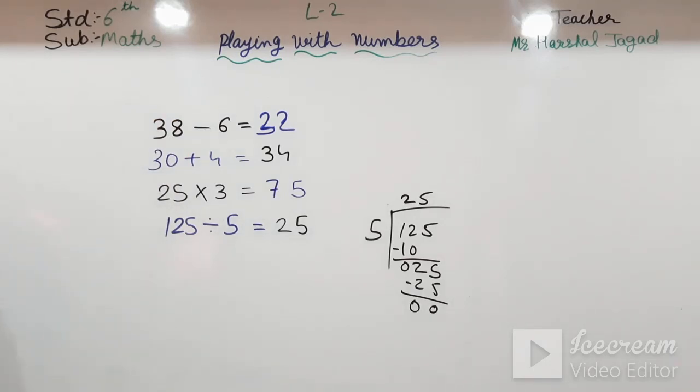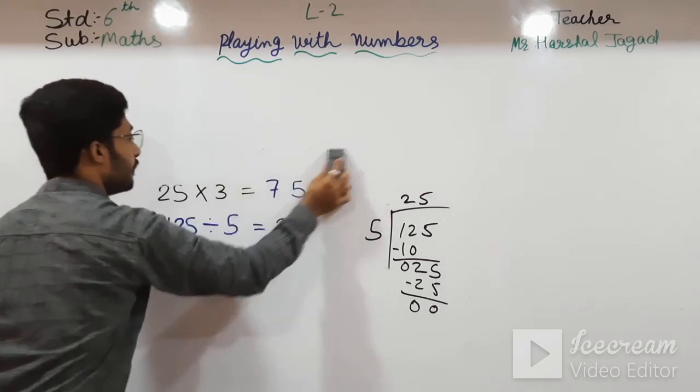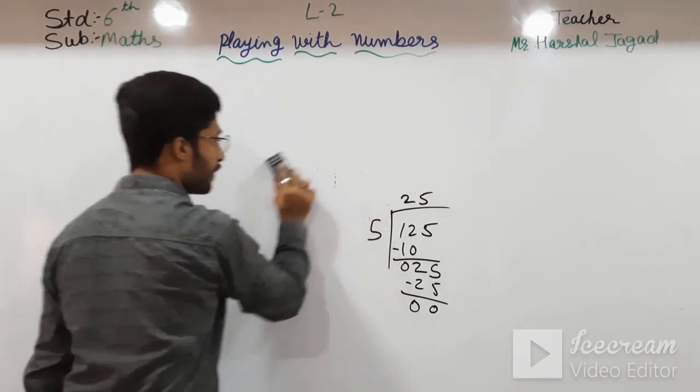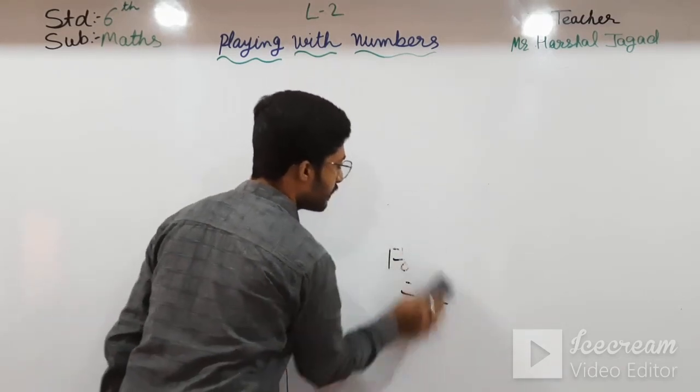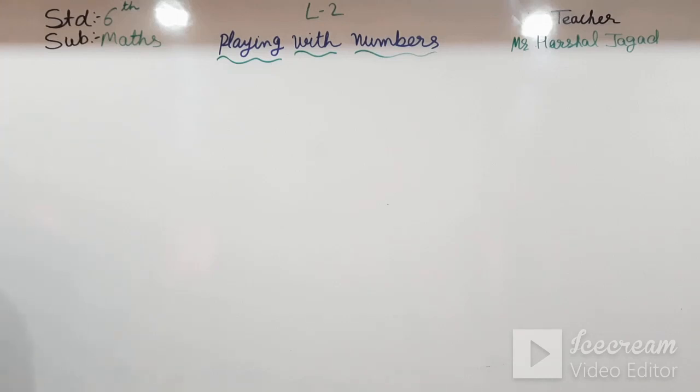Next, this was the introduction of this chapter. Okay students, in this chapter we will see these kinds of sums. Until now we did the multiplication, addition, subtraction, division, all the things separately, and now we will do them all in one sum only.